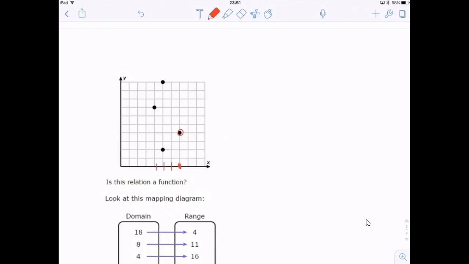What about this player? He's playing at two different levels, depending on the day. So that does not look like Dr. Funk. It looks like Relly, right? So it looks like a relation. What about this one? This one is only one level. So that looks like it could be a function.